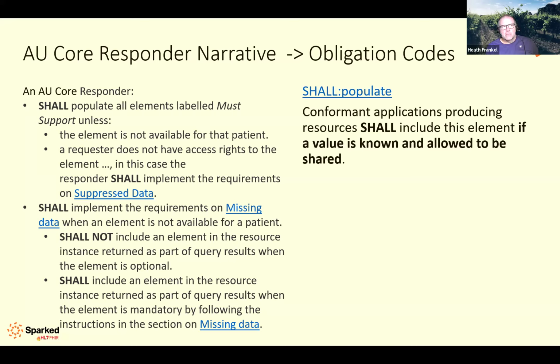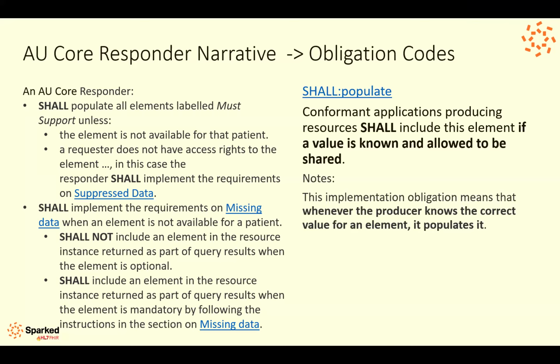Any comments on that, Marvin? So if something is available but should not be shared or cannot be shared, is there some way for someone to know that, or is it just not supplied? The suppressed data section talks about that.